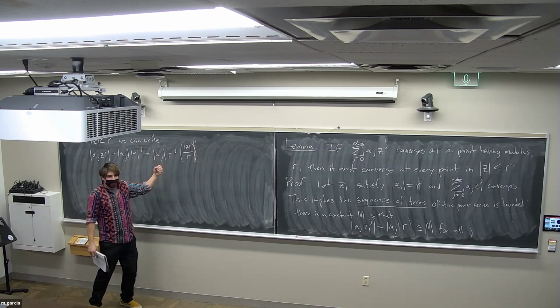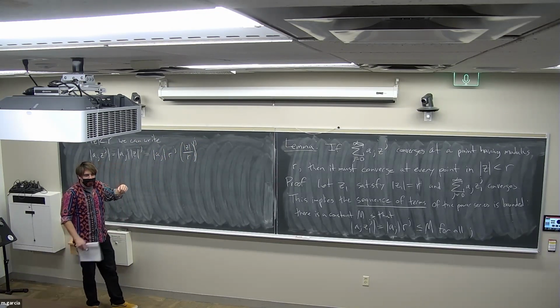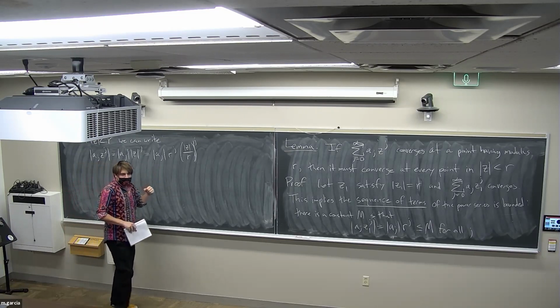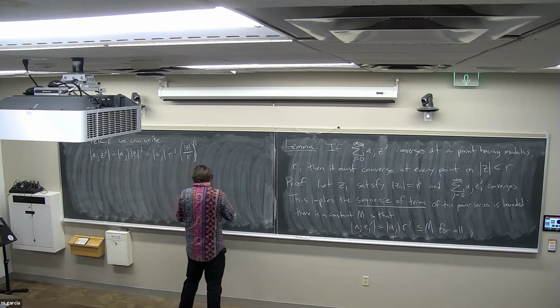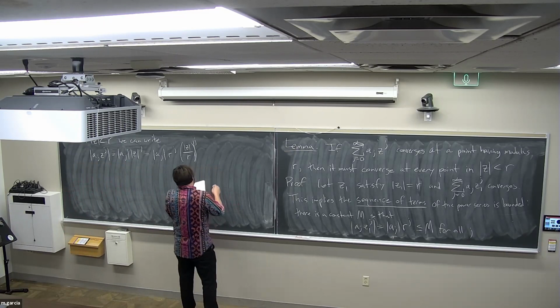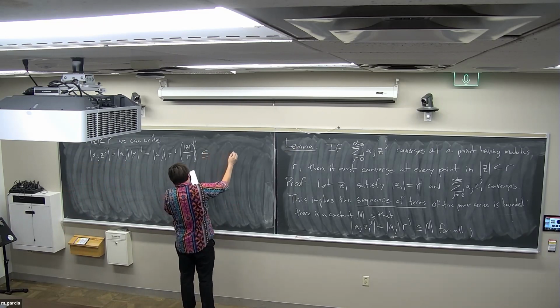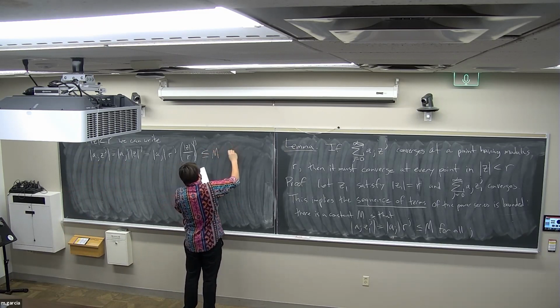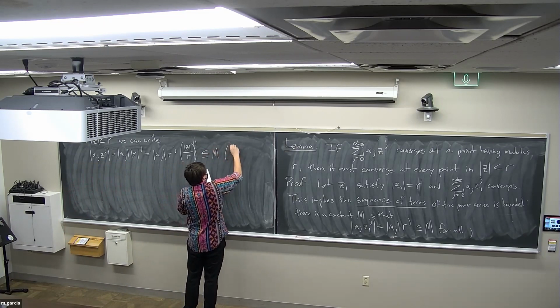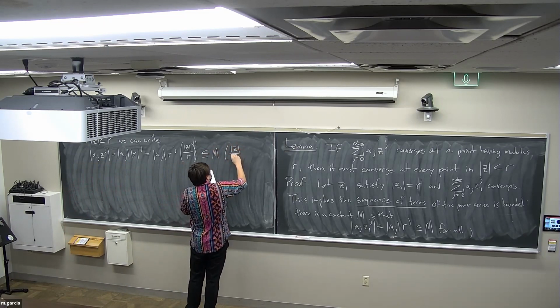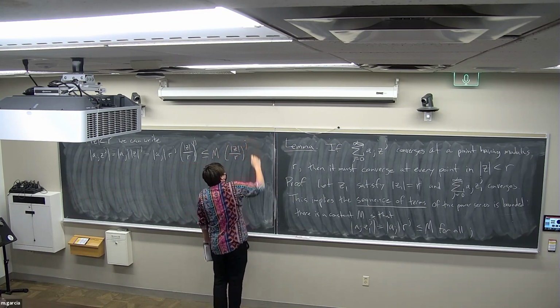I took an r out and put an r in the denominator. Which must be less than or equal to m times the modulus of z divided by r raised to the j power.